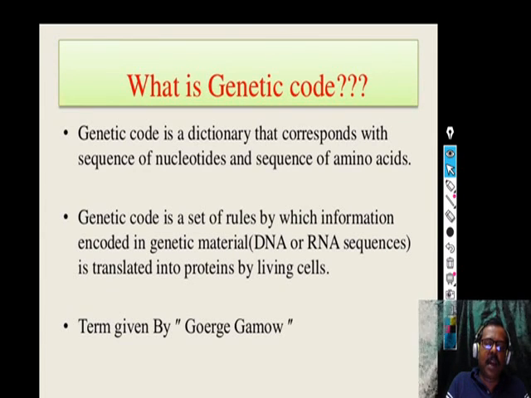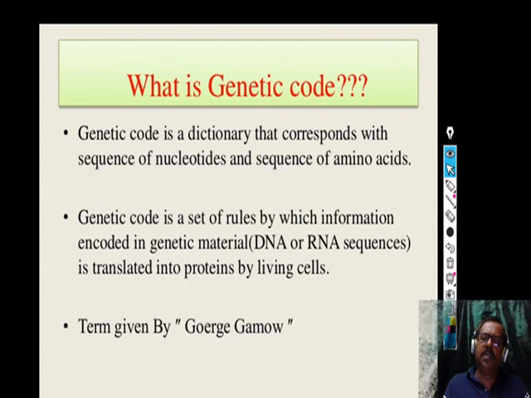DNA and RNA, as well as proteins, carry information. The information stored in the DNA and RNA is translated to the protein, so the protein gets the information from that DNA and RNA.